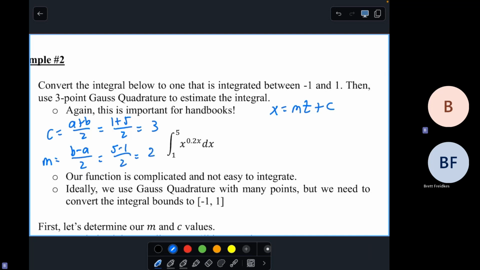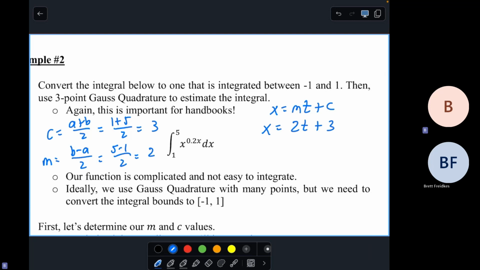That is 2. Do we see that? Doubts about this? Concerns? Okay. So that means that x will be 2t plus 3.